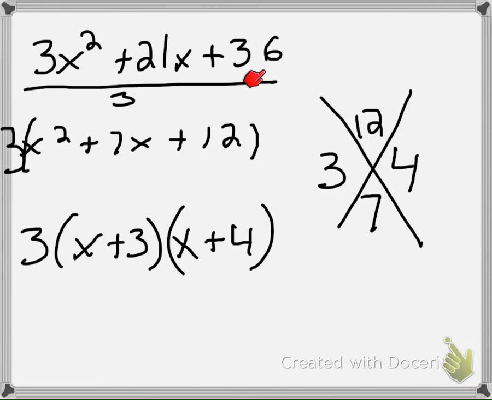Now before you put these two into your graphing calculator this time, you just want to make sure that you're doing fine here. If this was a negative 3 right here, then this would be x minus 3. If this were a negative 4 here, then this would be x minus 4. Okay, so I want you to put this into y1, and I want you to put this into y2, and Kevin, press pause.